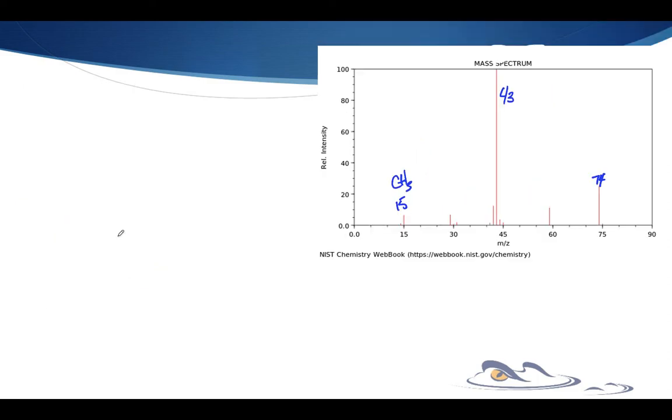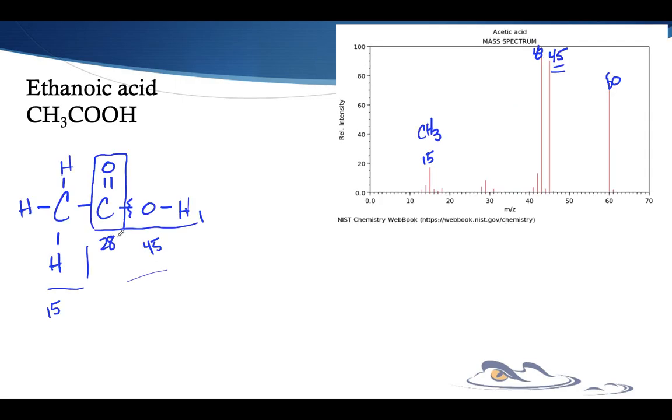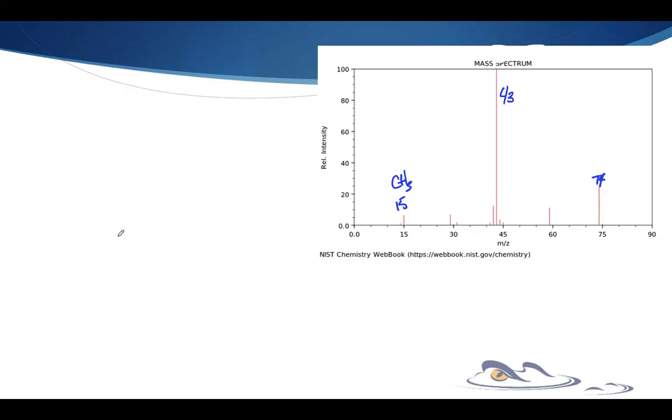Does that mean that's what this piece is? Maybe. Does that mean this is another carboxylic acid? No, probably not. Let's take a look at this. When we had our carboxylic acid, we had a piece at 45, didn't we? And we'll notice here at 45, though I have a little tiny peak there, there's not much of a peak at all.